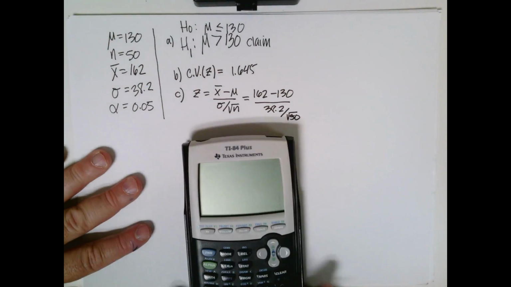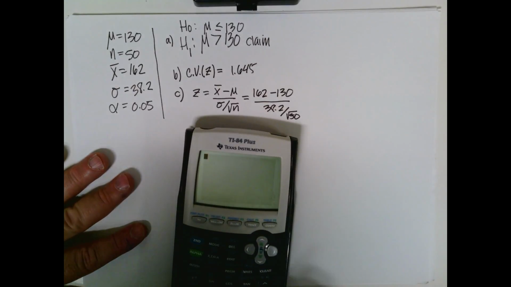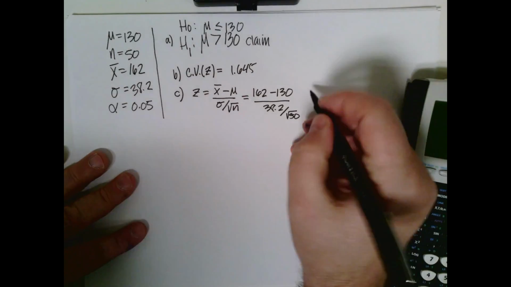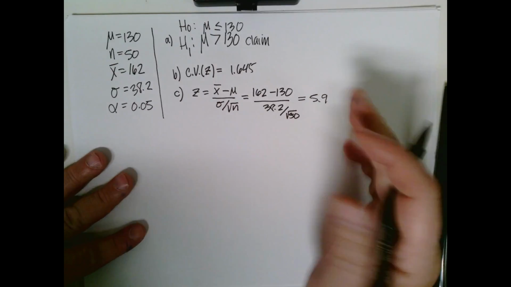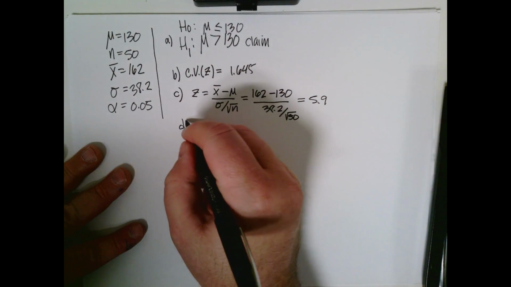So we just need to stick this in the calculator: parentheses 162 minus 130, divided by parentheses 38.2 divided by the square root of 50. We get 5.9. That's a lot bigger, so we don't need to go any bigger than that.